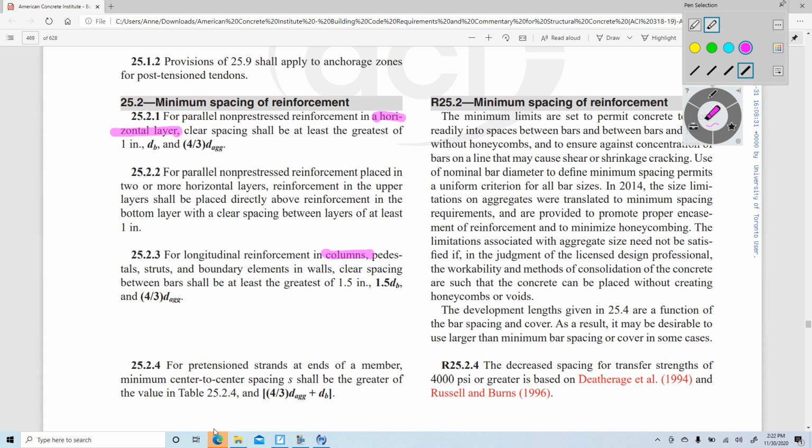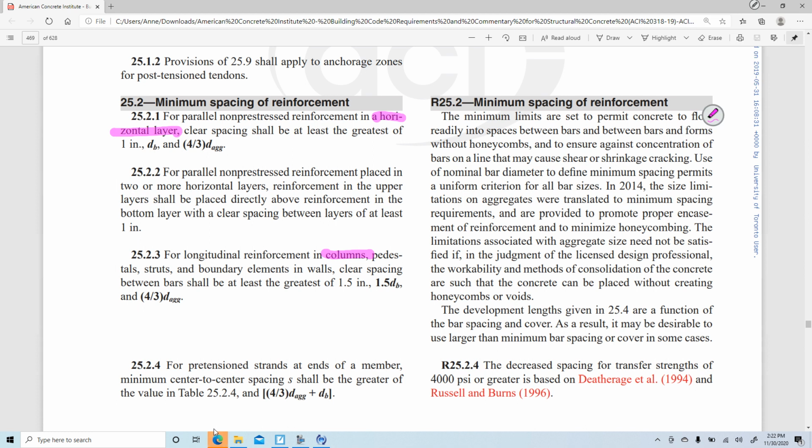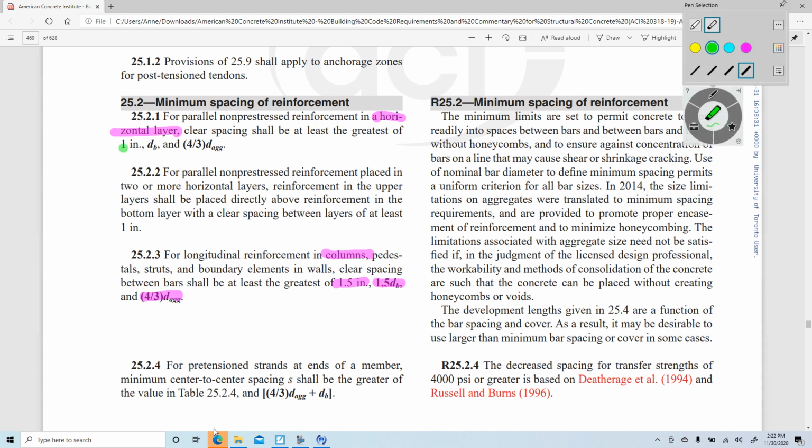Columns. Oh, we increased our minimum to 1.5 inches. 1.5 times the bar diameter, or 4/3 D aggregate. Whereas beams before were 1 inch, now we're up to 1.5 inches. 1 times the bar diameter, now 1.5 times the bar diameter.